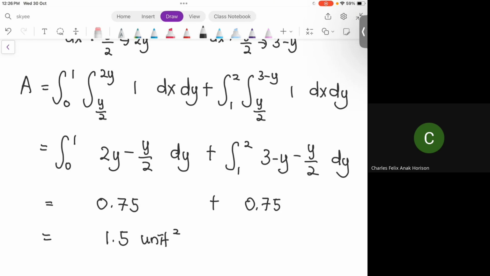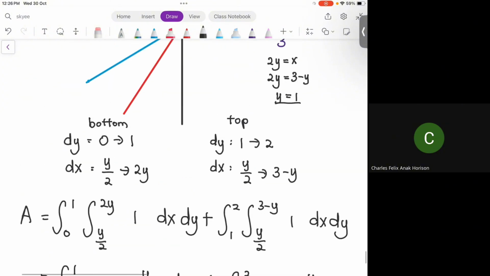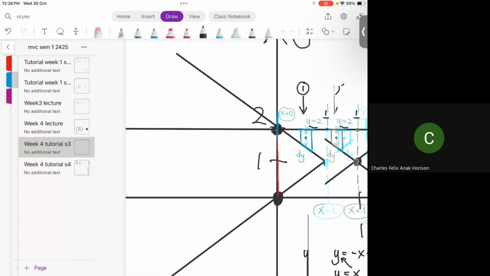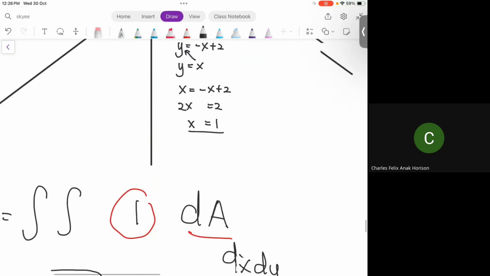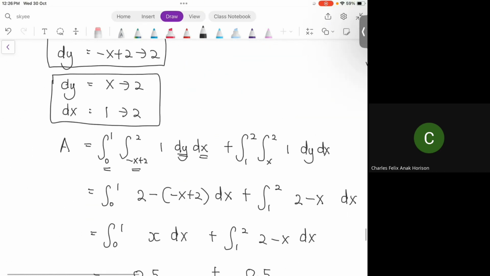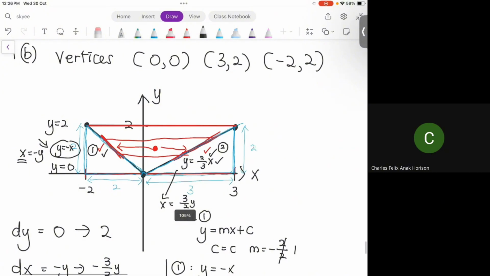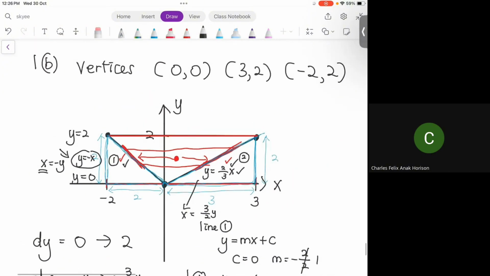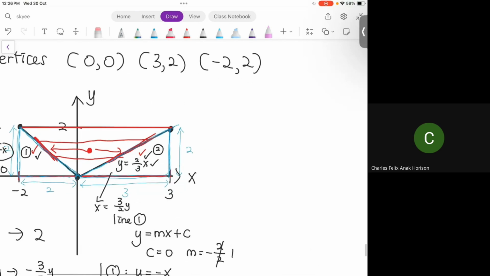Yes, Doctor. Alright, so this is how you solve the problem using the horizontal strip. And here I would like to share with you one question that I did with section 3 just now, question 1b. If you solve it using the vertical strip technique, I will draw the other line here, something like this.